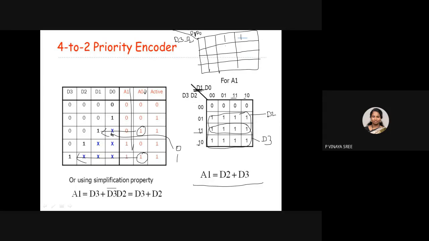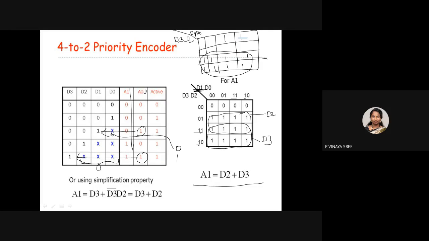So directly you can go for D3. If D3 is high, we are least bothered about D2, D1, D0 as they are don't care conditions. So where do I have to place one? Tell me the expression. How to group this? This 4 and 8 can be grouped into one group.